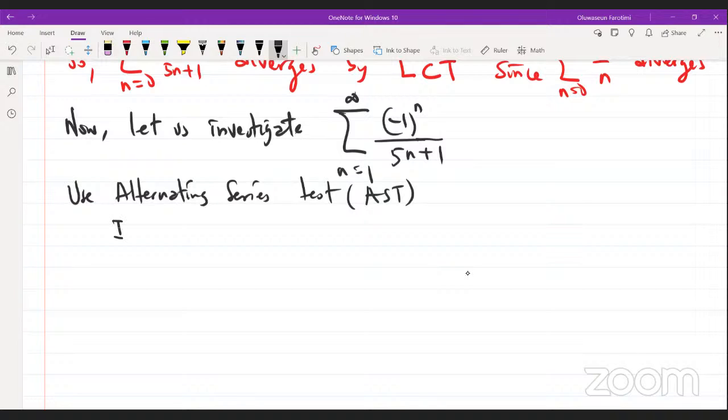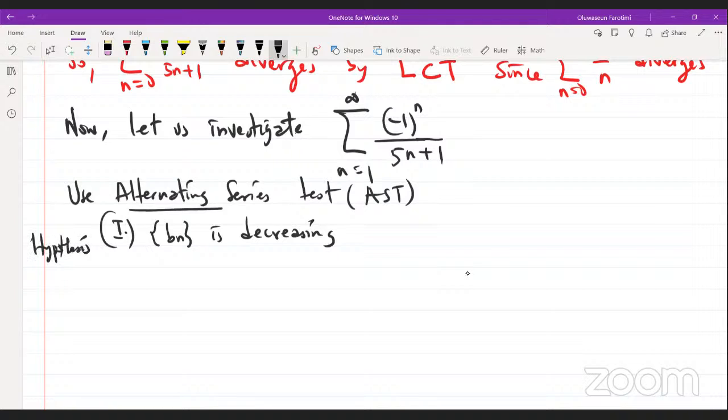There are 2 conditions primarily that must be satisfied. Our Bn must be decreasing. That's the hypothesis of the alternating series test. And the second thing is that the limit as n goes large of Bn has to be 0.